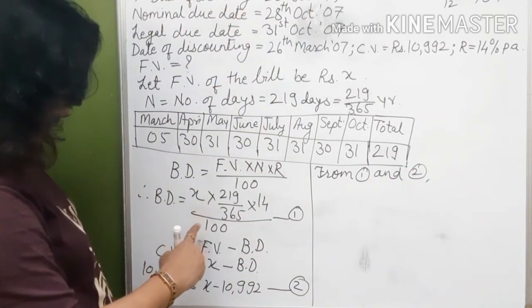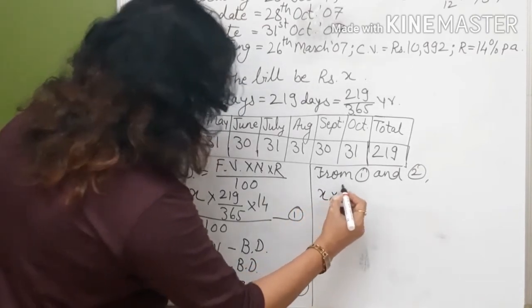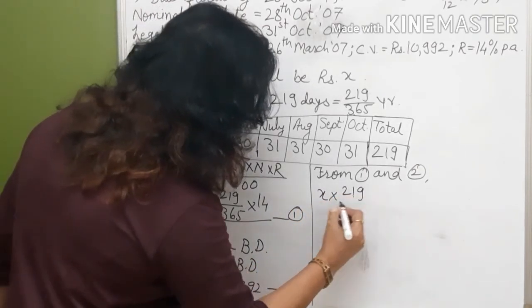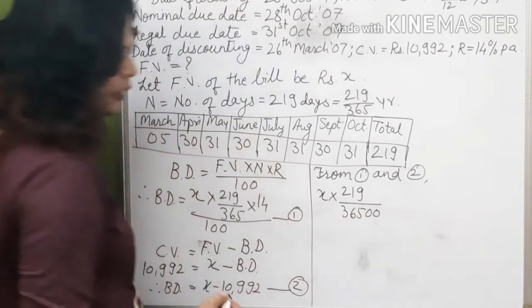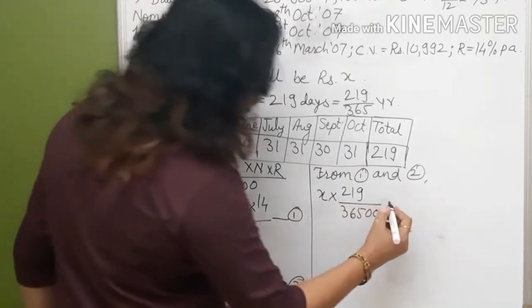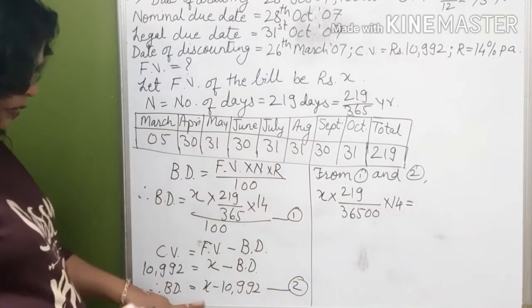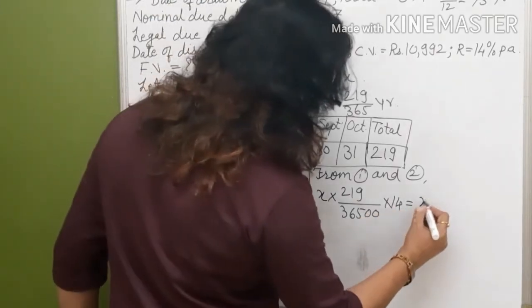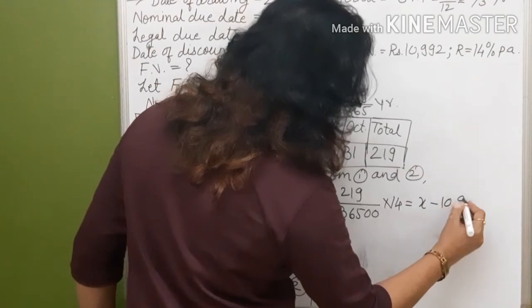You get this is X into 219 upon 365 into 100, that is 36,500 into 4 is equal to this one, X minus 10,992.